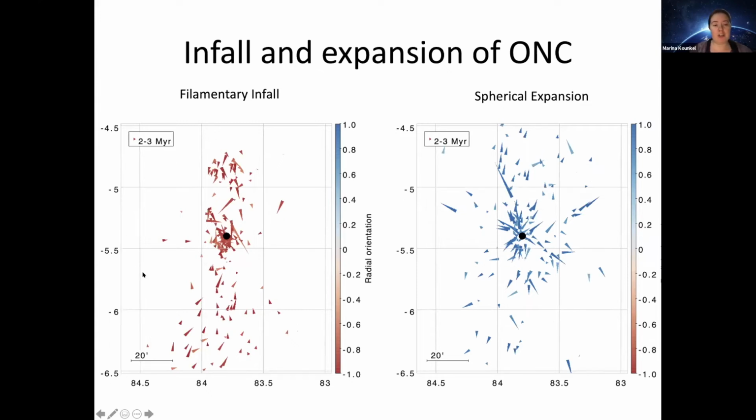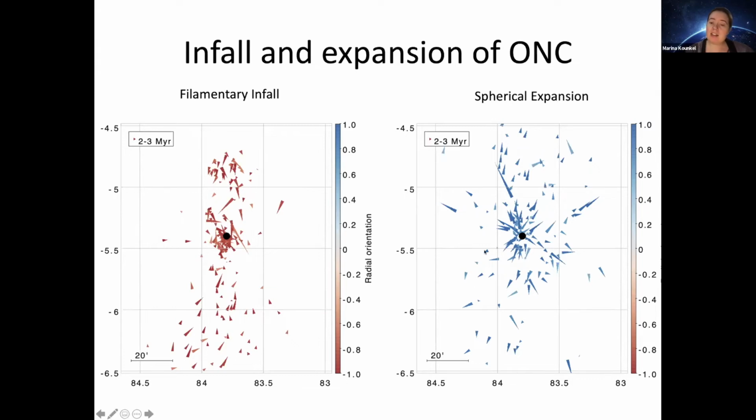So you don't really have sources that are moving toward the cluster from the east or west. Rather, sources that are moving towards it really are confined to the vicinity of the integral-shaped filament. On the other hand, if you look at the sources that are moving away from the cluster, there you have a slightly different morphology. You have a more spherical distribution of all the stars.